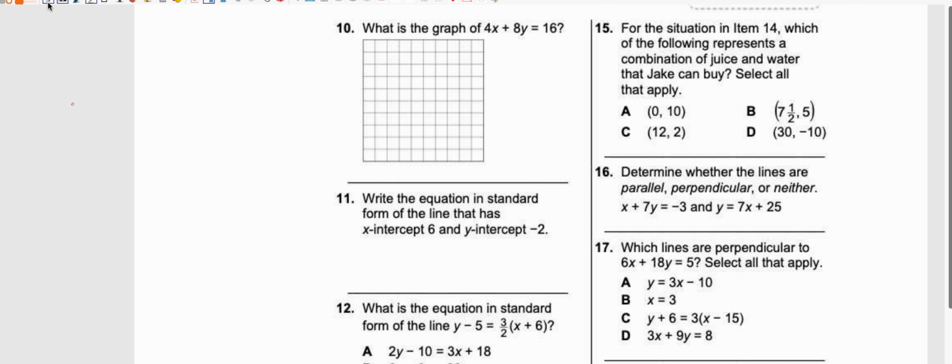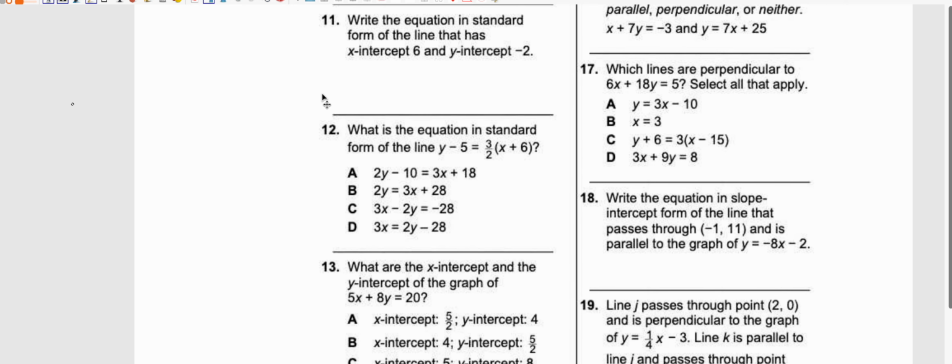All right, number 11. Write the equation in standard form for the line that has x-intercept 6 and y-intercept -2. So it's 6x minus 2y. The y-intercept is -2, and the x-intercept is 6.